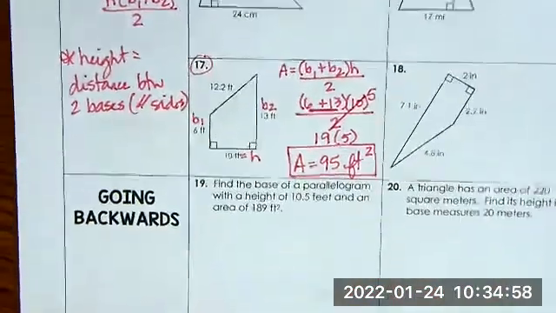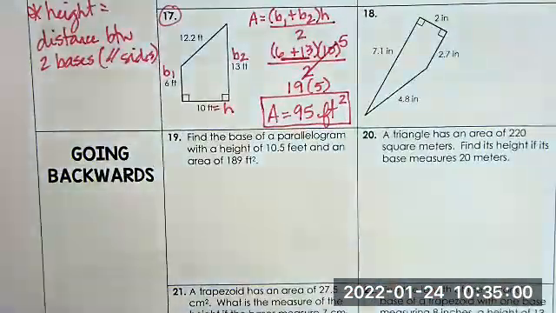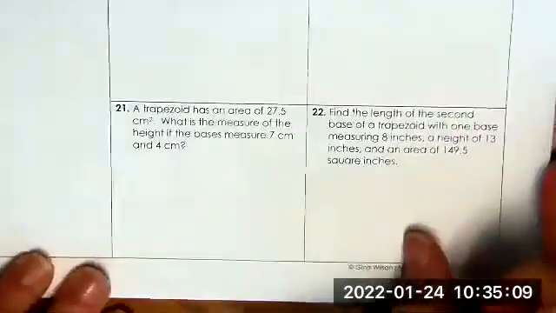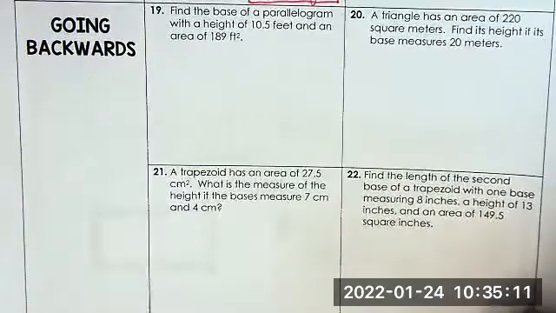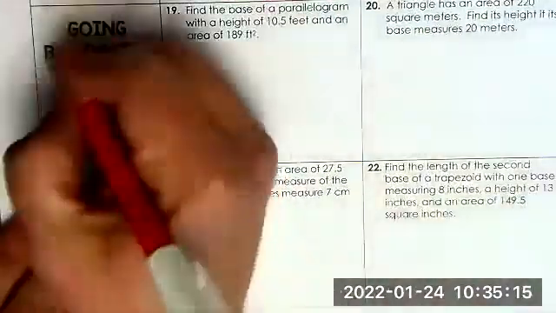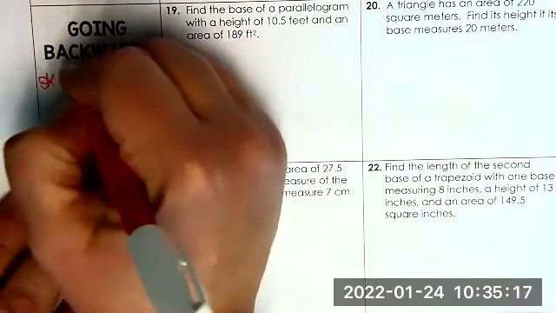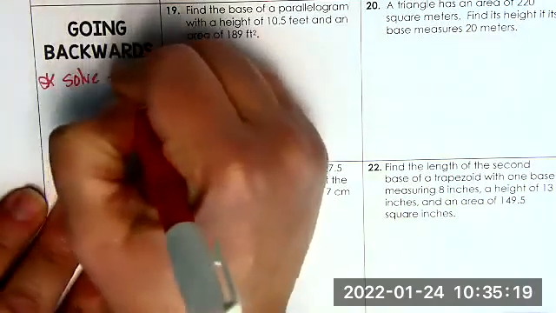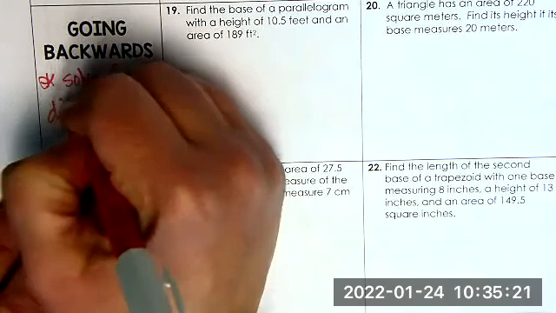Okay, last problem for this video. There's 2 parts, 2 videos for this. One where it's just the shapes, a little bit of word problems, and then the other one is mainly word problems. All right, here we go. So we're going to look at number 22. This is going backwards. This means we're not solving for the area, we're solving for one of the dimensions. Solve for dimension.